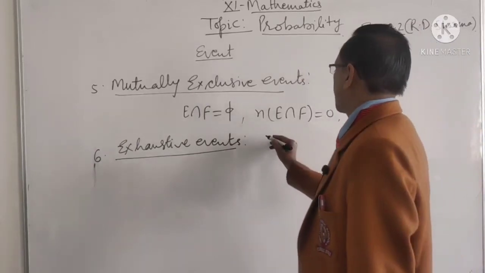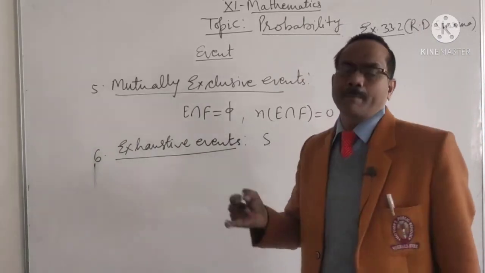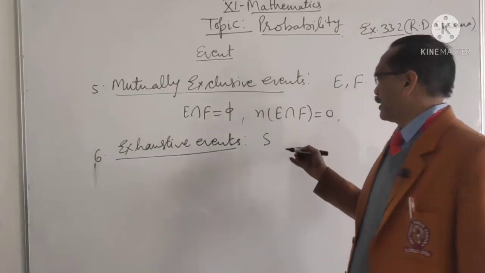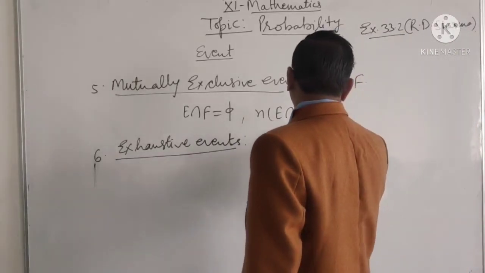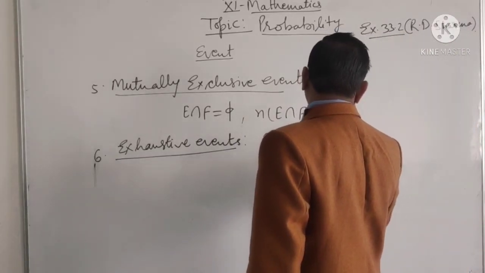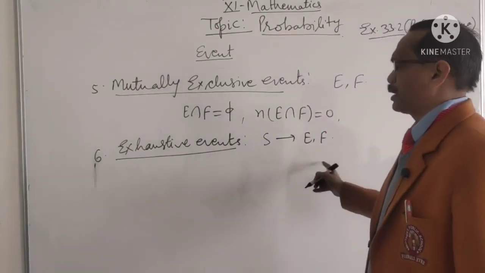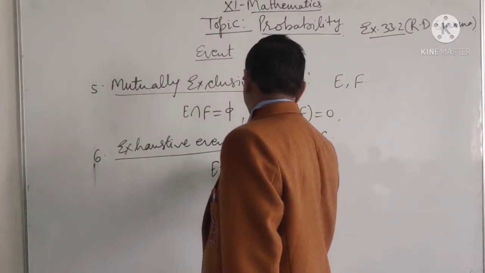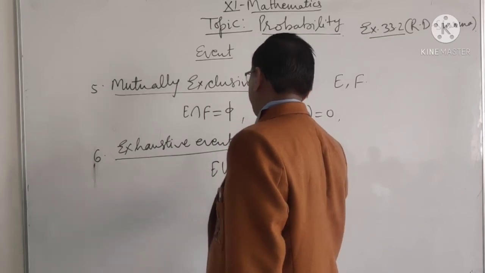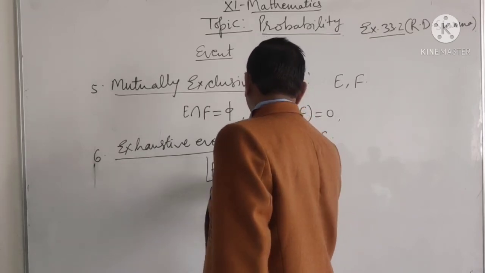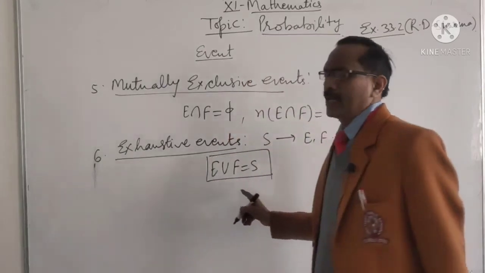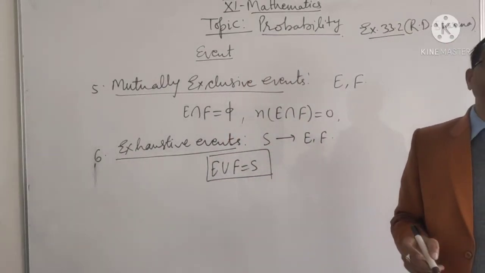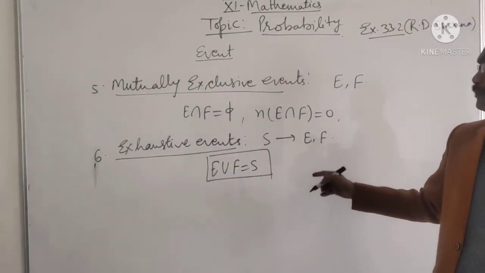Sample space is S, and this sample space is having a number of events. Let E and F be two events of the sample space. If E union F equal to S, then these two events are said to be exhaustive events.